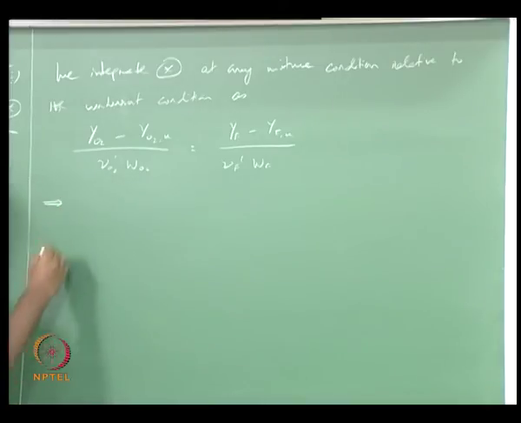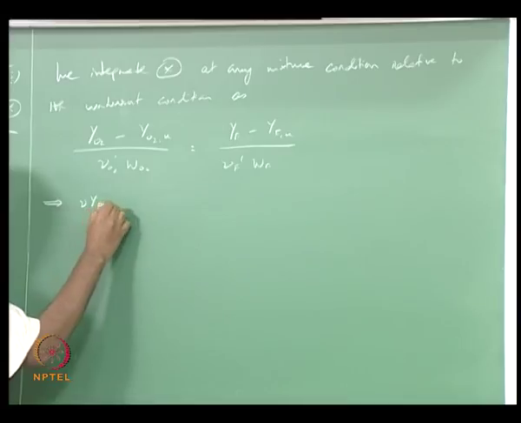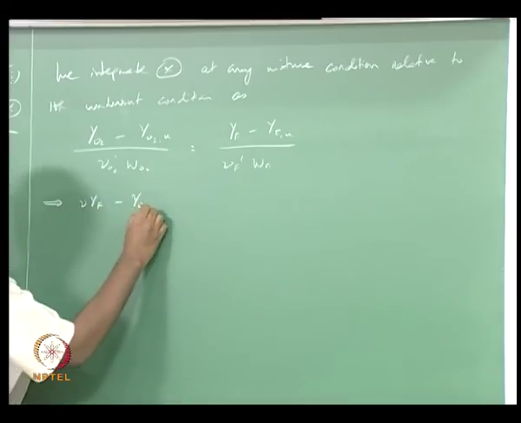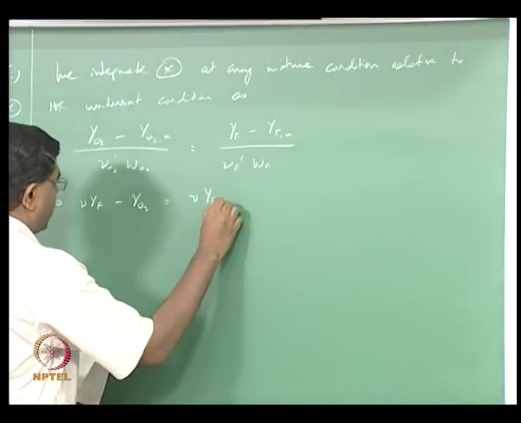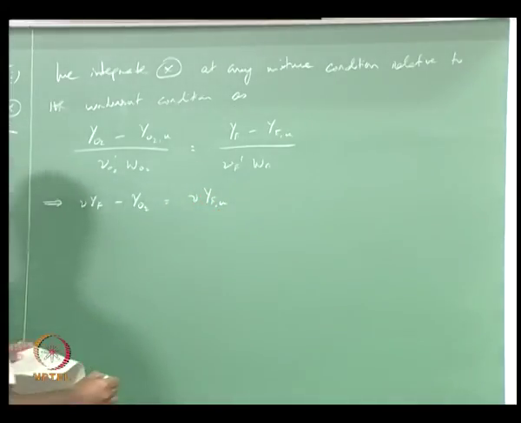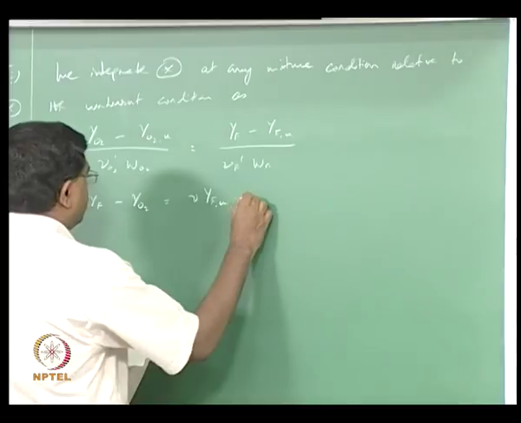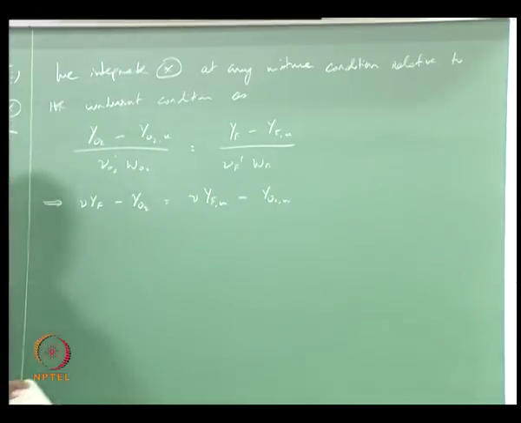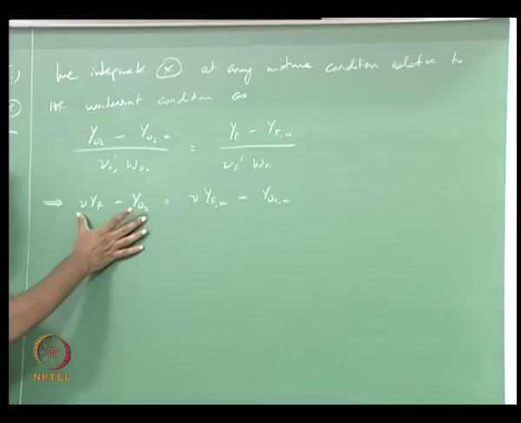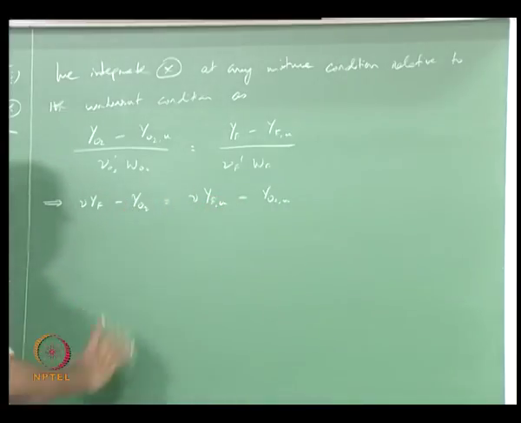or rearranging this, all this means is nu YF minus YO2 equals nu YFU minus YO2U, right. So what this tells us is this is sort of a preserved quantity, right.